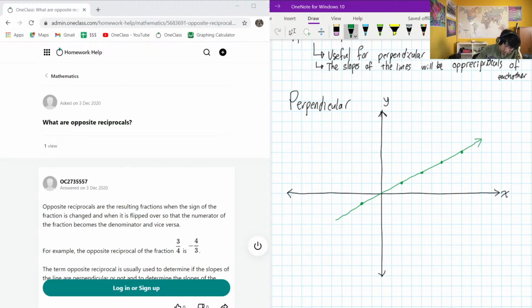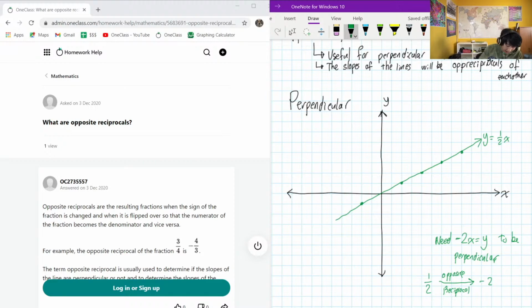So we can say this one is y equals 1/2 of x. If we wanted to draw something perpendicular to this, we would need y equals negative 2x to be perpendicular. Because 1/2, and we take the opposite reciprocal, is going to be negative 2.